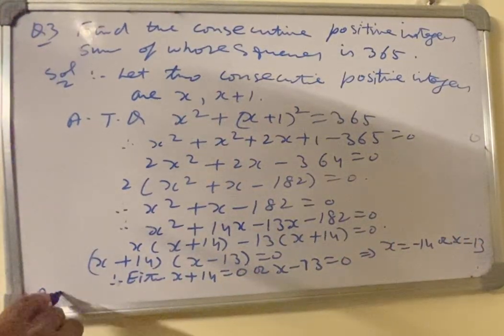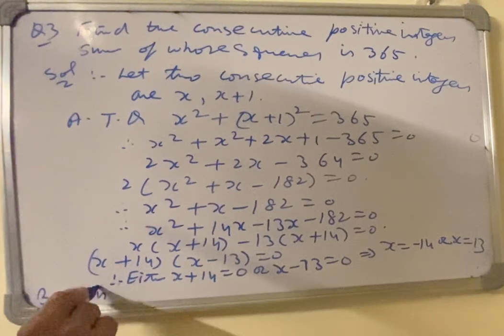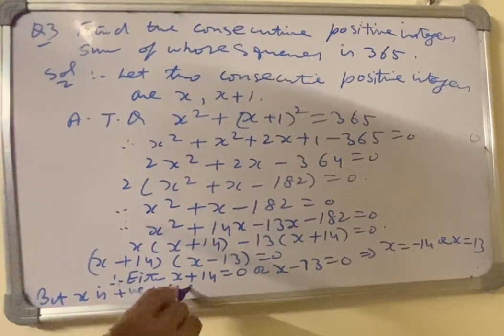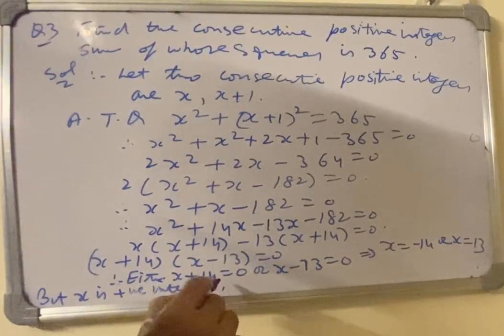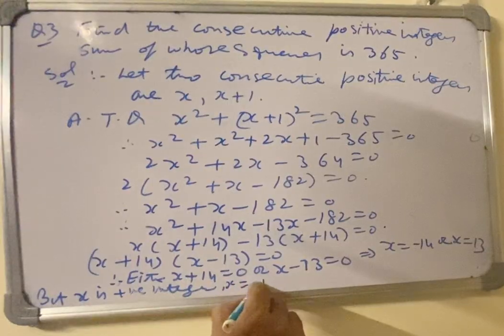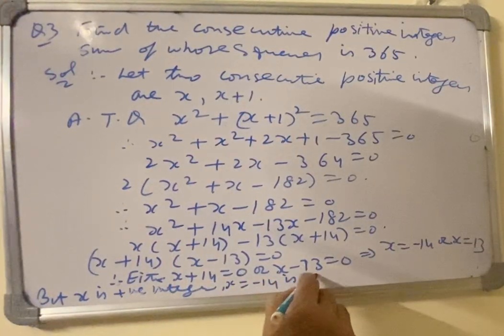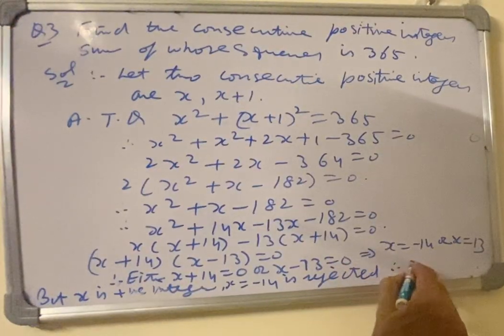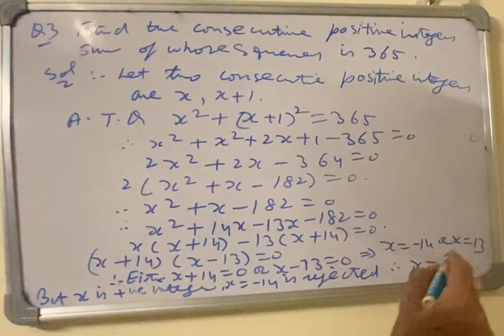But x is a positive integer. Therefore, x is equal to minus 14 is rejected. Therefore, x is equal to 13.